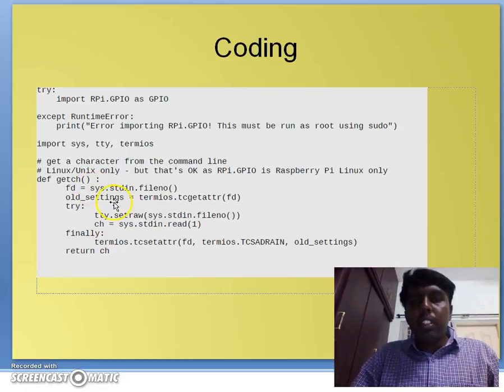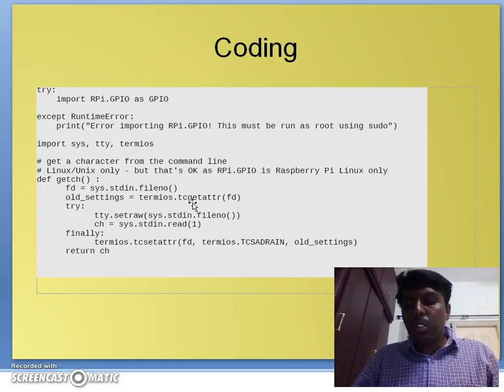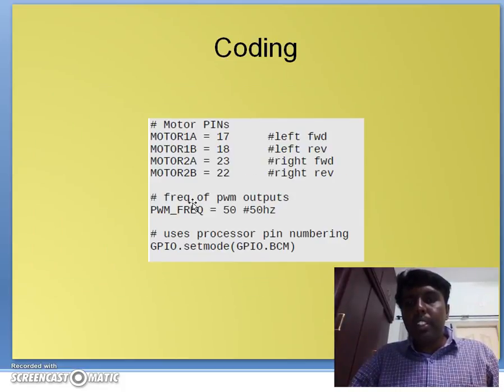Then you are setting some terminals using files, and some file numbers which you need to give as input, where you need to store all the data of the tracking.